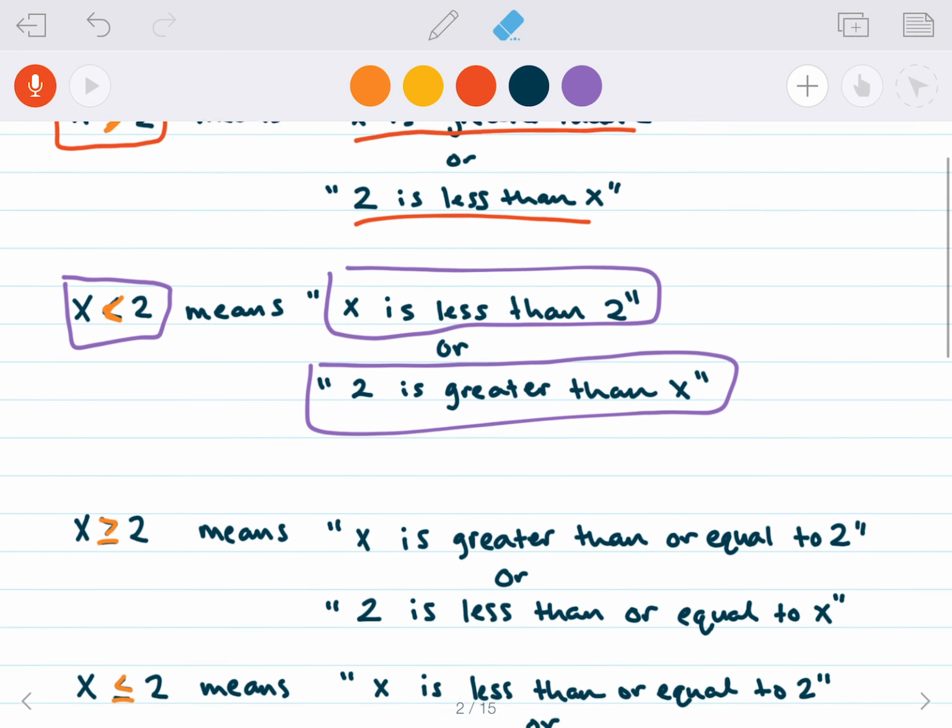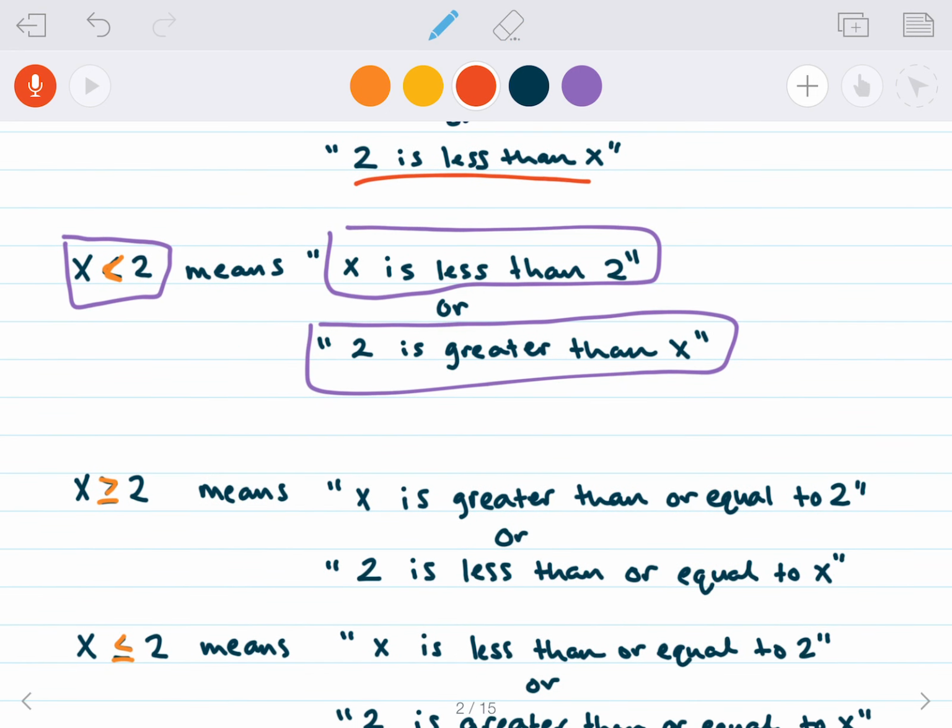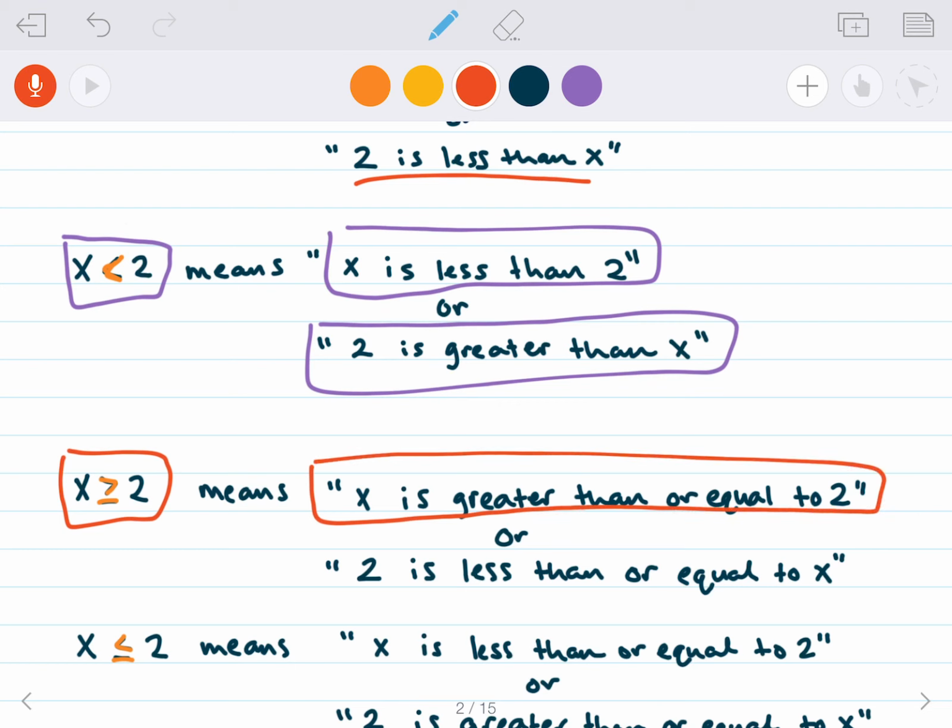So the next one is the greater than or equal to sign. So it means that whatever x is, it could be 2, but it also could be bigger than 2. Okay? And so reading from left to right, you would say x is greater than or equal to 2 because it's opening up towards x.